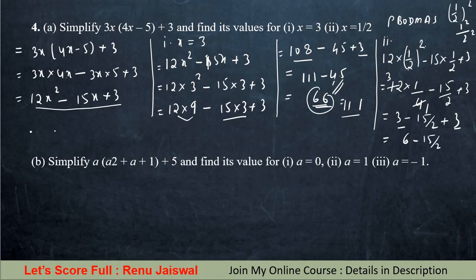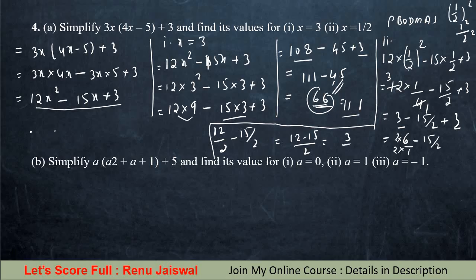Here I have to take LCM. See, there is a minus in between. So denominator nothing means 1. I'll use this space. So multiplied by 2 to make the denominator equal. So 12 upon 2 minus 15 upon 2. Right? Here denominator is same. 12 minus 15. Different sign, subtract, and sign of the bigger number. So this is my answer.